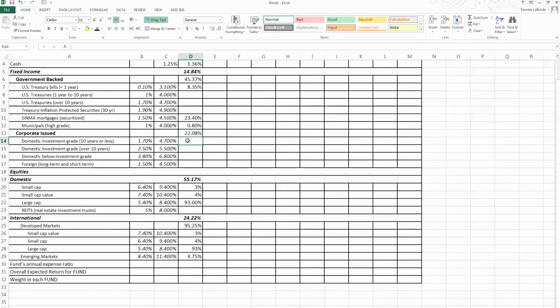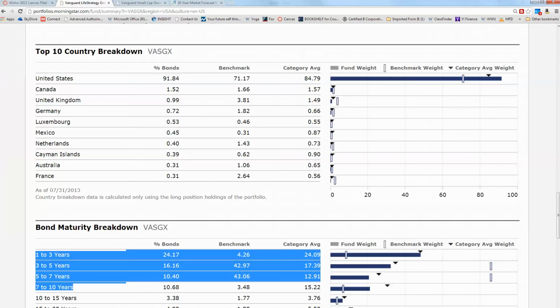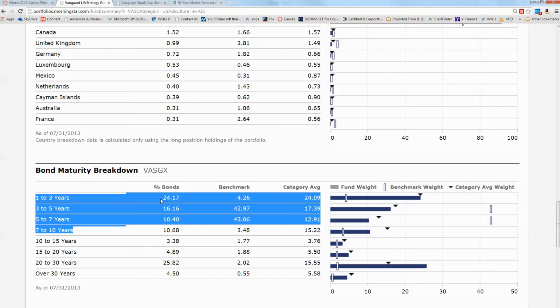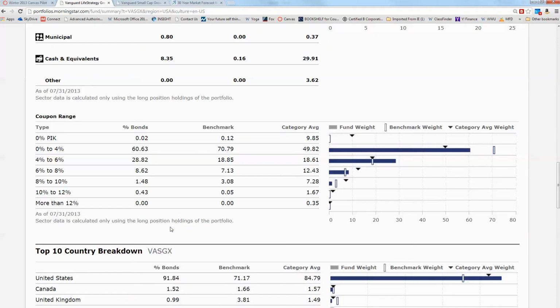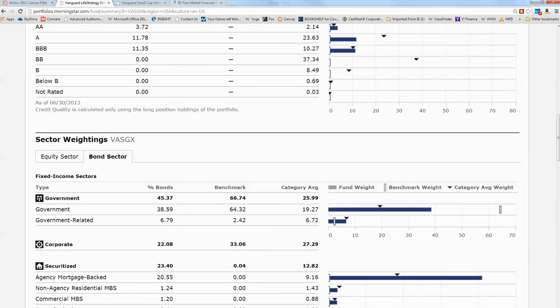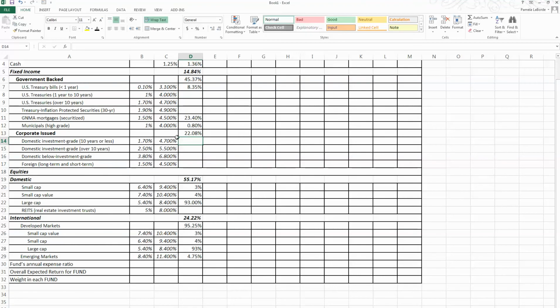Okay, so to determine the total percentage that they have in domestic investment grade bonds that are shortish term, so less than 10 years, I'm going to use the sum of these first four columns, the percentage bond sum of these four columns. So the 24 plus the 16 plus the 10 plus the 10. And I'm just going to let Excel do that math for me.